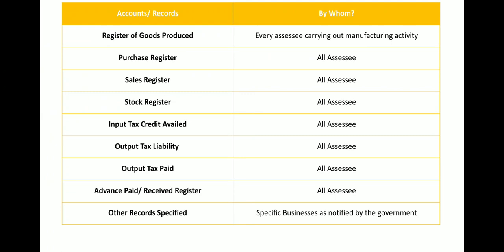We can also call this a purchase account. Who has to prepare this purchase register? Every assessee, all assessees have to prepare this. And what sort of information is required to prepare it?